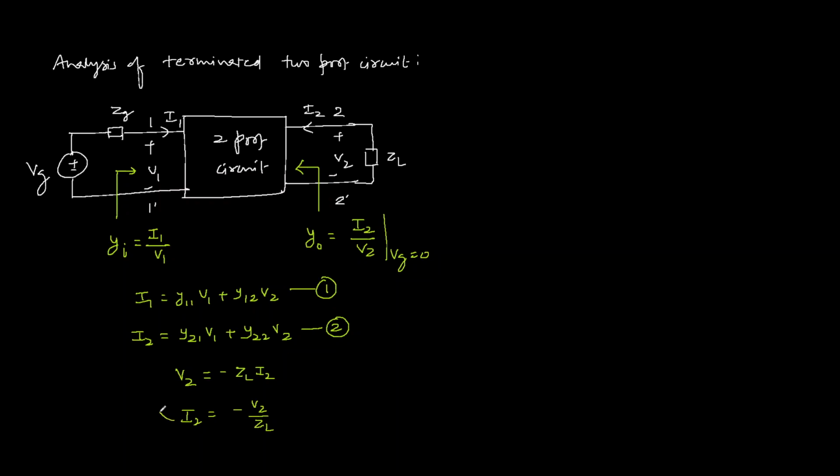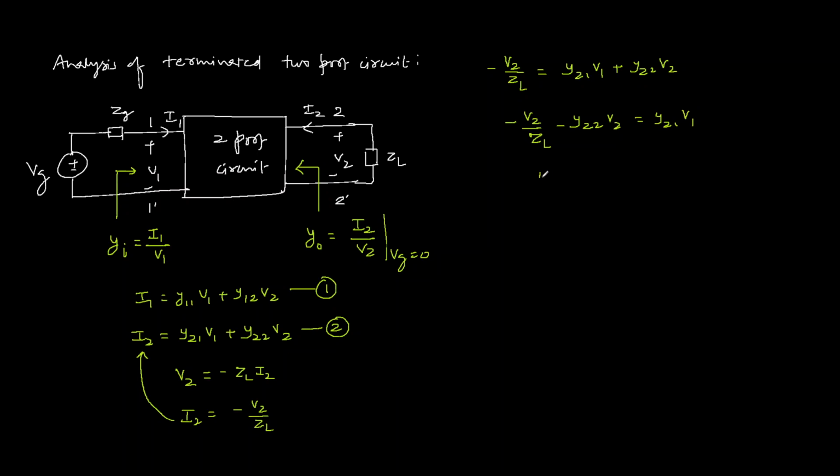Now we substitute this I2 in equation 2. So equation 2 becomes negative V2 over ZL equal to Y21 V1 plus Y22 V2. So negative V2 over ZL minus Y22 V2 equals Y21 V1.